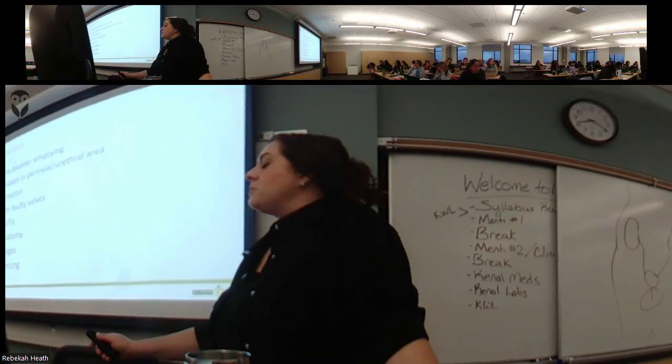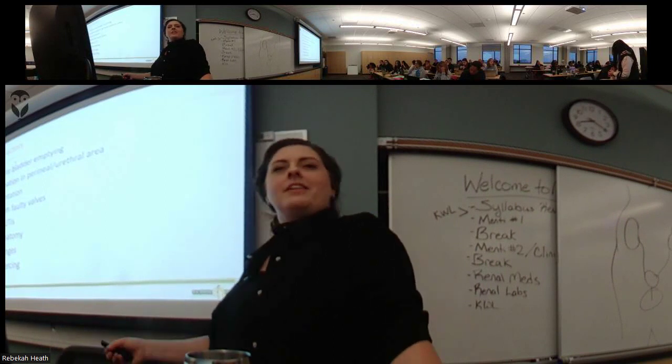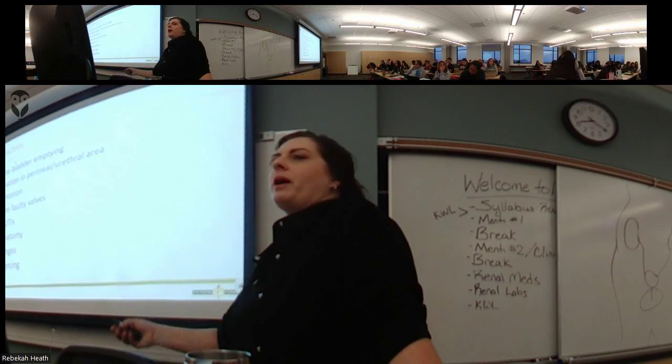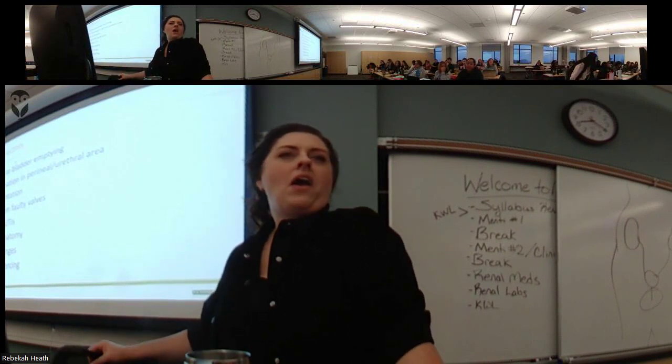Aging changes, as well as somebody who has a genital piercing, right? Why? At first I looked at that and thought, oh, that's interesting that they included that. Why would a genital piercing make somebody higher risk of having a UTI?